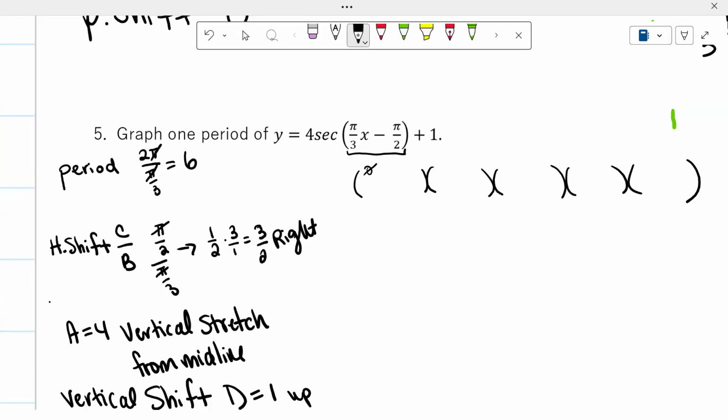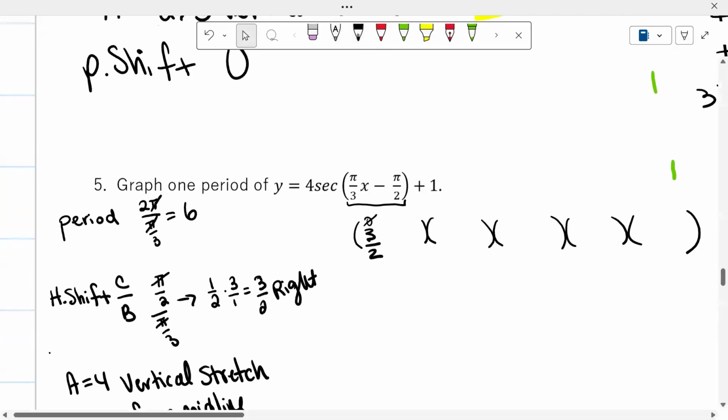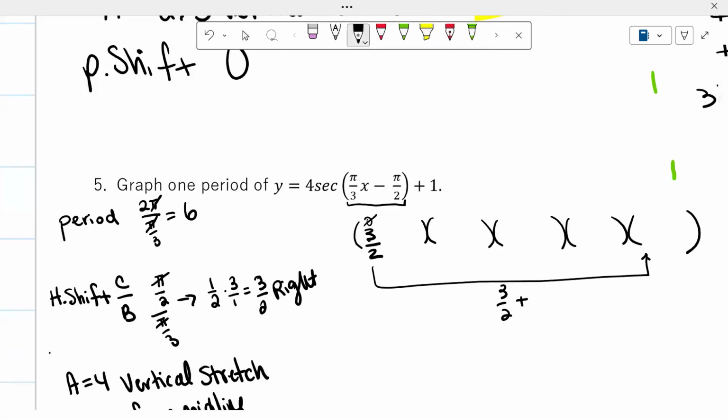The whole thing is horizontally shifted to the right 3/2 units. 1 period later, remember our period is 6. So that means way over here is 6 units later. So we're at 3/2. I'm going to add a full 6 units later, which is 12/2. So 15/2-ish, or 7.5 if you want to do decimals.